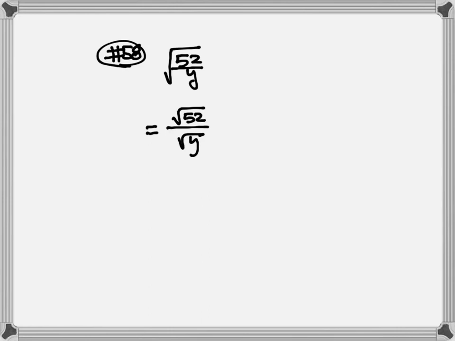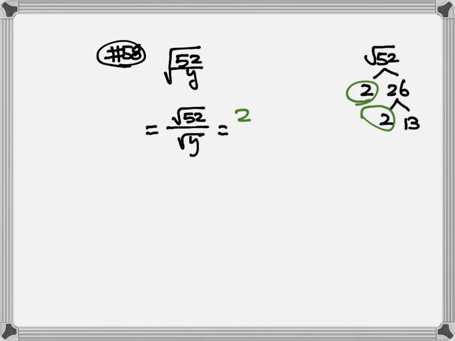Now, before we do anything with the denominator, let's look at 52. 52 is a very big number. Let's see, what can we take out? So it'll be 2, 26, 2, and 13. So here you can see I have a pair of 2. So 2 goes out. 13 is by itself, so 13 stays inside.